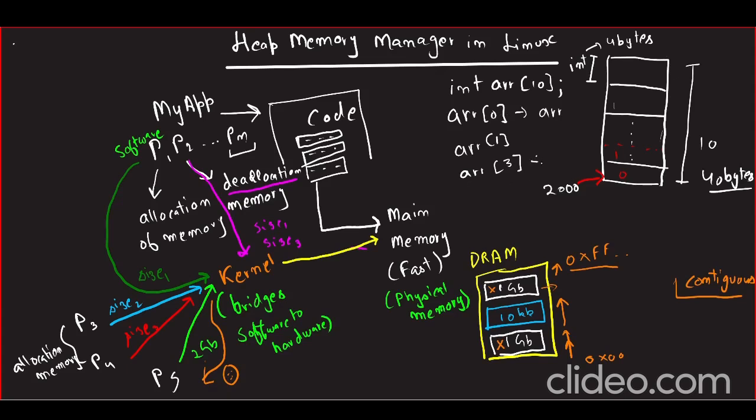Now what we can do is just do 2000 plus 3 into 4. Why 3 into 4? Because each memory block accounts for 4 bytes, and we need the third one.